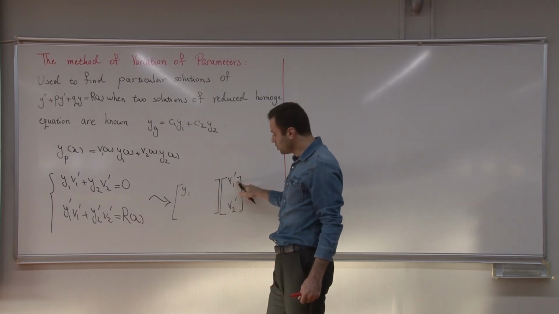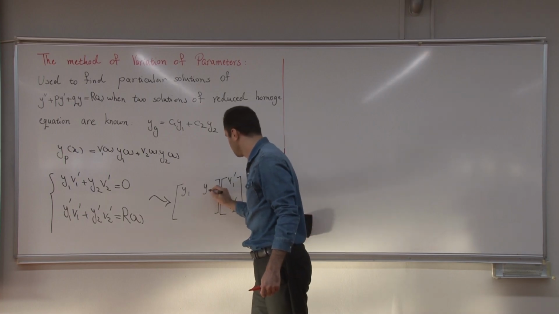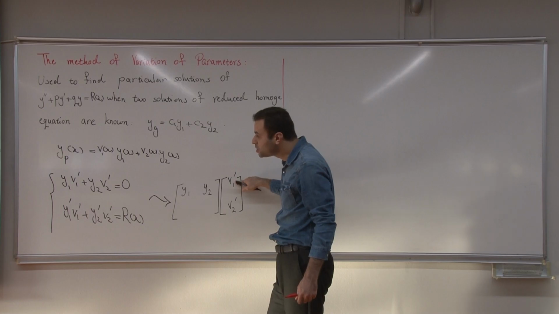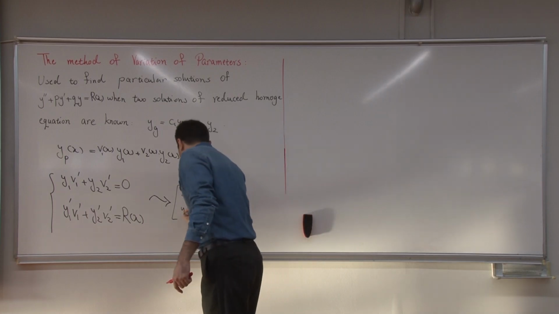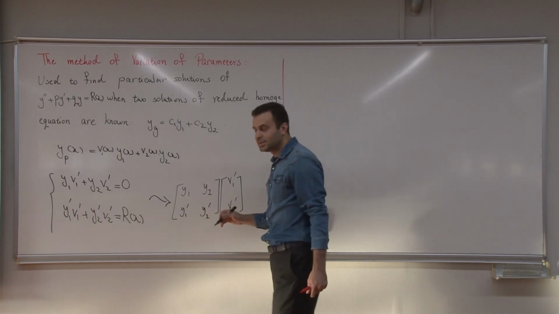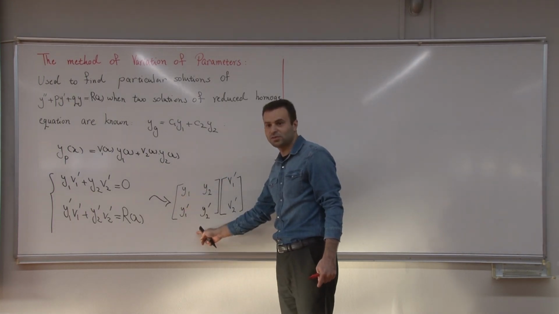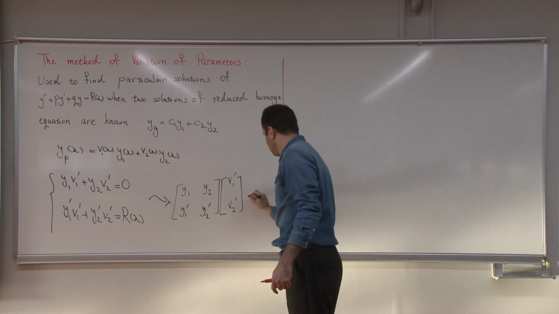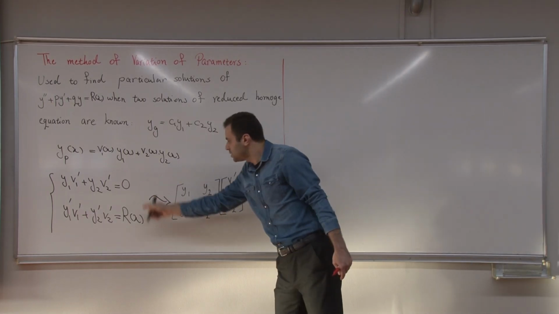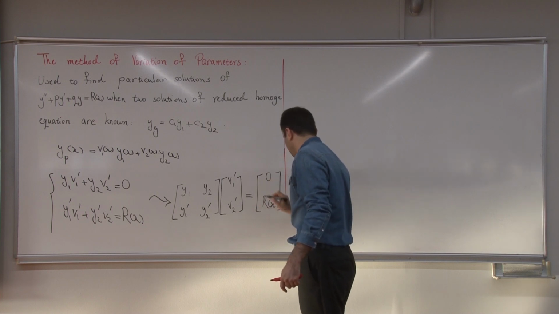What is the coefficient of v2 prime in the first equation? y2. What about the coefficient of v1 prime in the second equation? y1 prime. The determinant of this is the Wronskian. Yes, you're right to notice that. This is equal to 0, r of x. Okay?